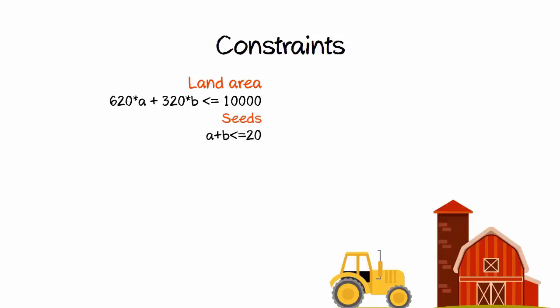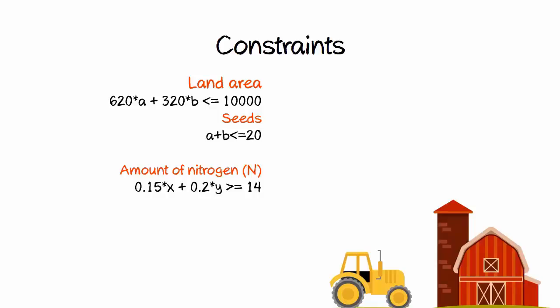Next is the seed constraint. The maximum kilograms of seeds that can be planted is 20 kilograms. This includes paddy and corn seeds. And next, we will define the amount of fertilizer used. The minimum amount of nitrogen that the farmer needs is 14 kilograms.